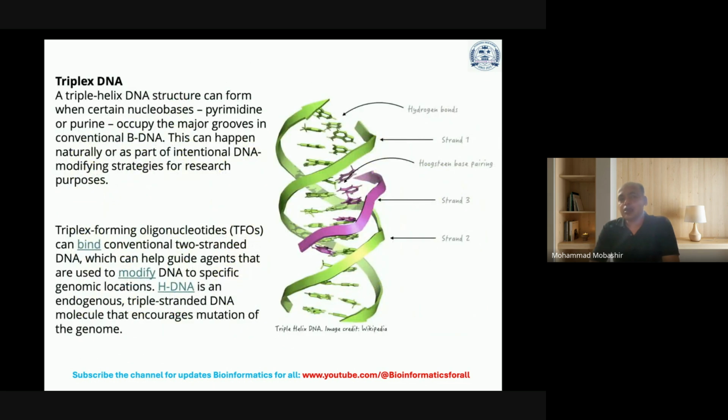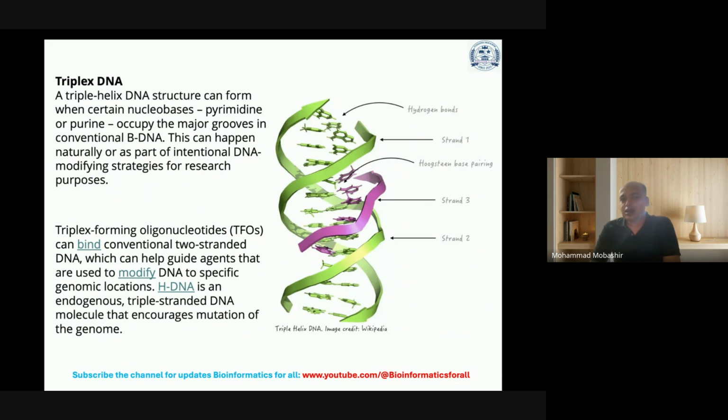And now, another form of DNA is triplex DNA. The triplex helix DNA structure can form when certain nucleobases, pyrimidine or purine, occupy the major groove in conventional BDNA. This can happen naturally or as part of intentional DNA-modifying strategies for research purposes.